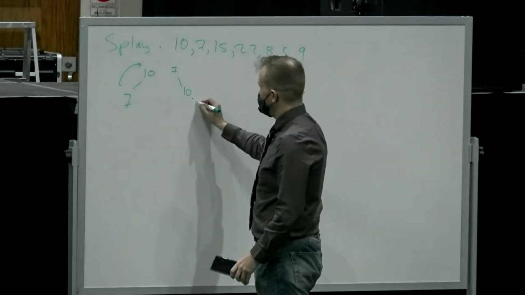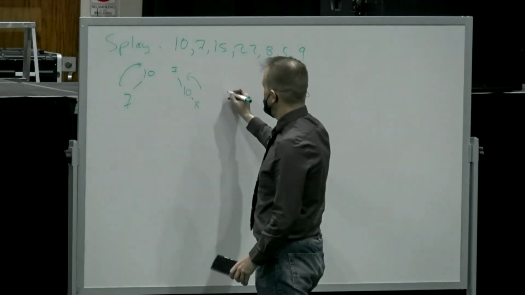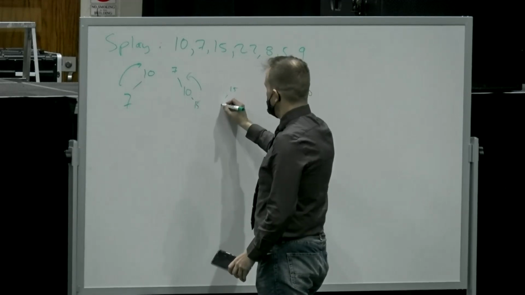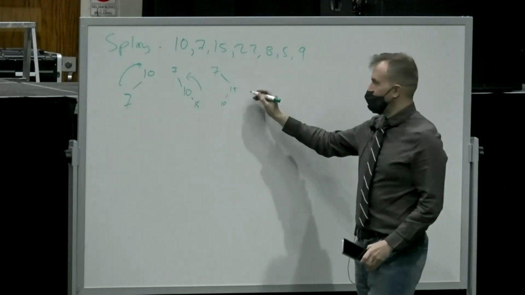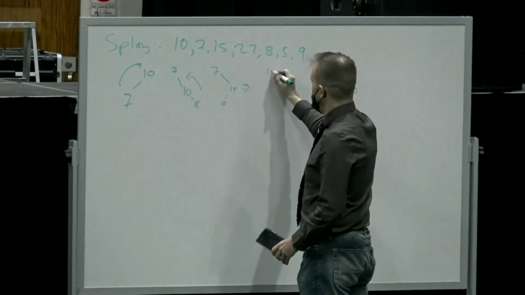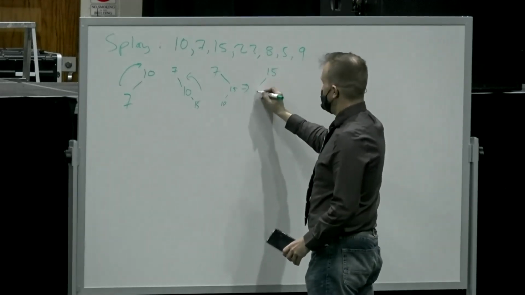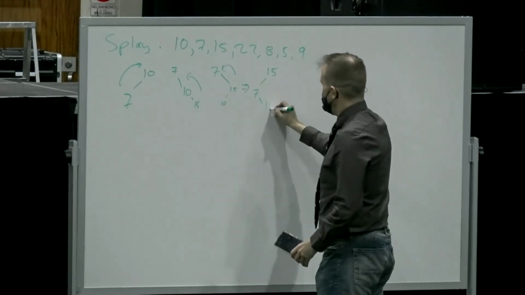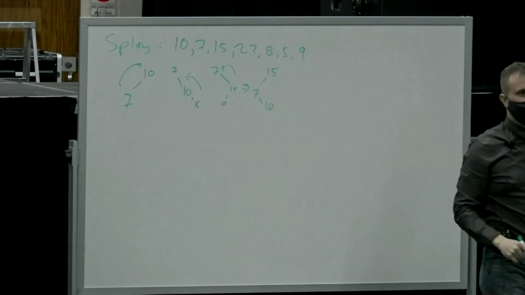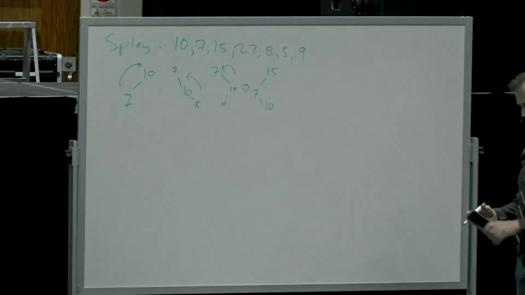Yep, it's going to be a zig-zig. So 15 gets moved up, and then we're going to see that 15 comes here, 7, and then 10. So that's how the ordering works as well.